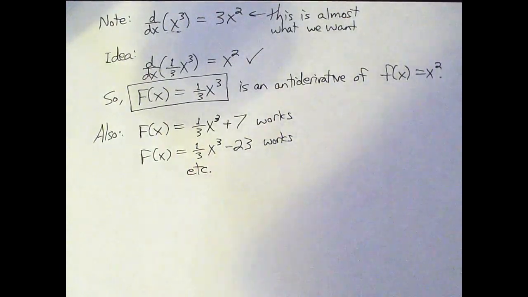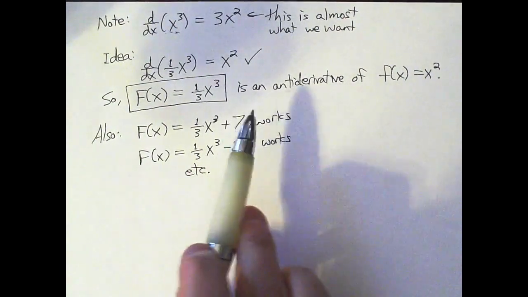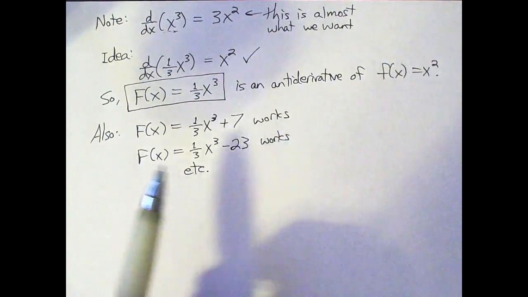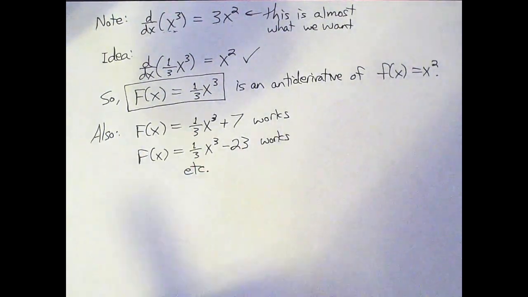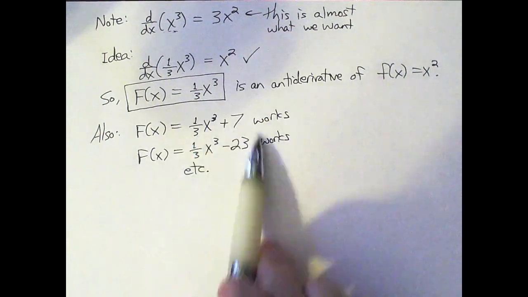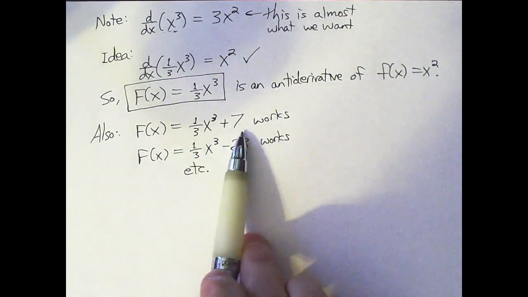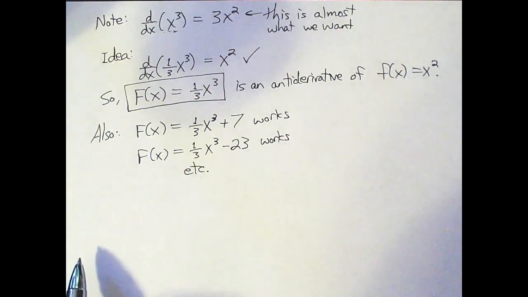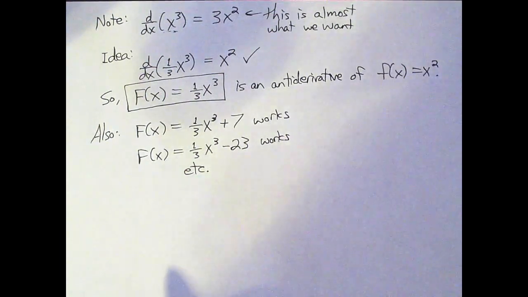So just like with the previous problem, it seems like we could add or subtract any constant and still have an antiderivative. Because, when I do d dx of this is going to be x squared. d dx of this is going to be x squared. So all of these work as antiderivatives.